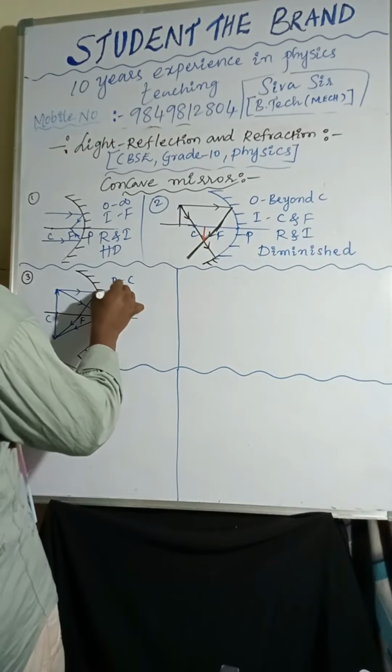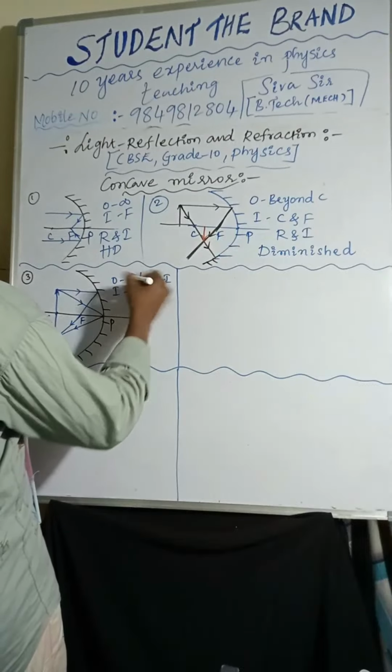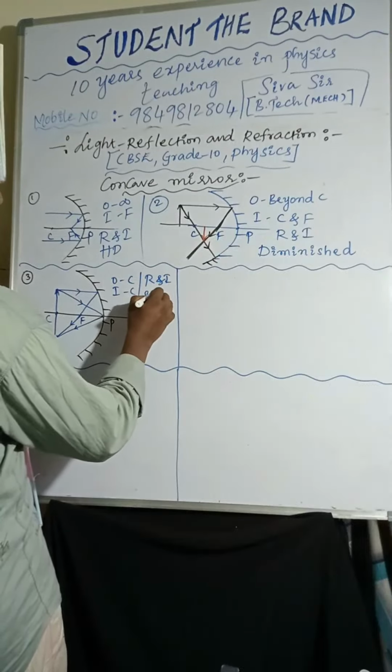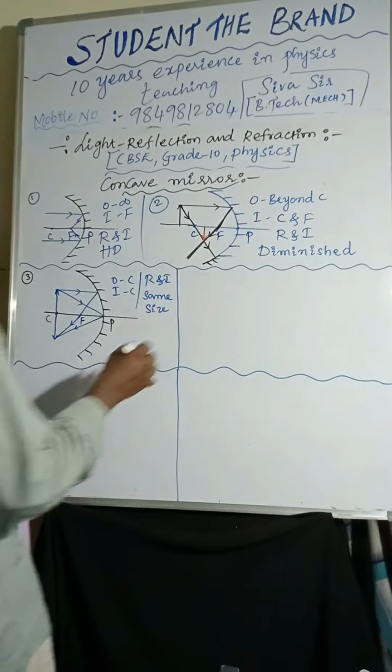Object at C, image also will form at C. Nature of the image is real and inverted. Size of the image same size. Coming to fourth one.